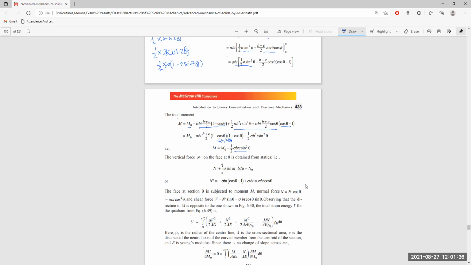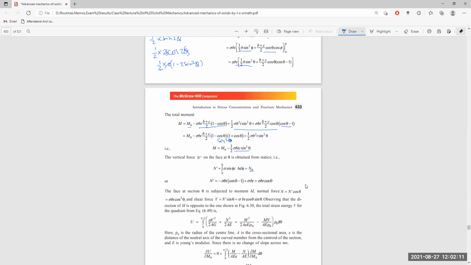It will create a downward force here, and it will be balanced by the force N dash here, and both together will be equal to N0 itself. After simplifying this integration itself and adding with the value of N dash, N dash will become minus sigma bt cos theta minus 1 minus sigma bt itself. So that is equal to sigma bt cos theta.